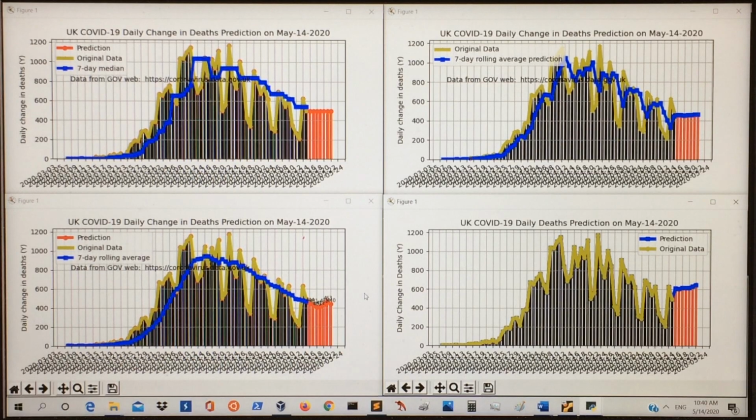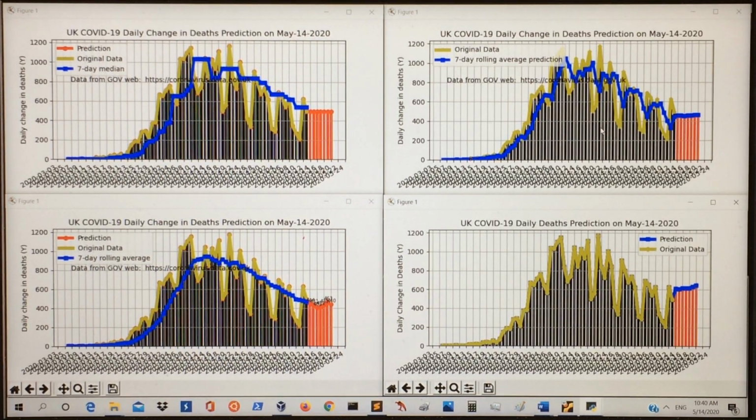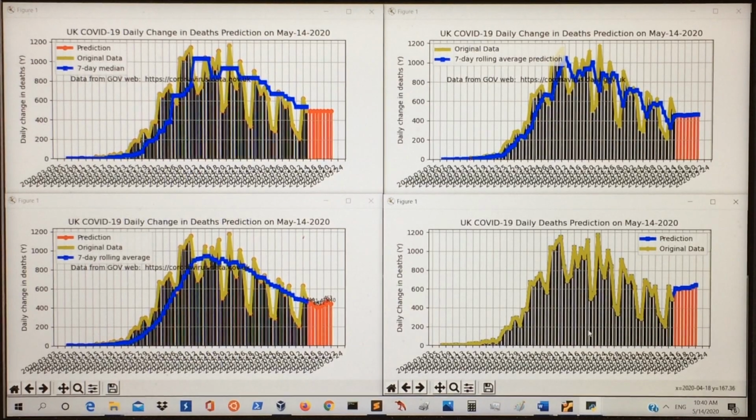This applies for this and this, because for moving median, or however you want to call it, rolling median, and this rolling average, moving average, whatever you want to call it. And these two are different.